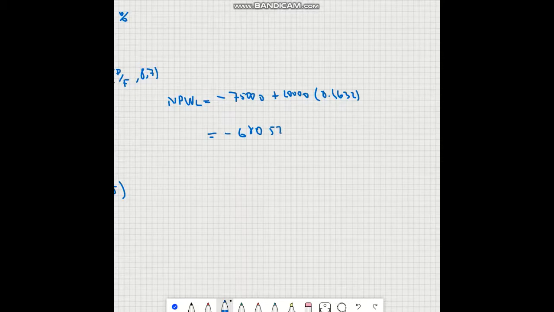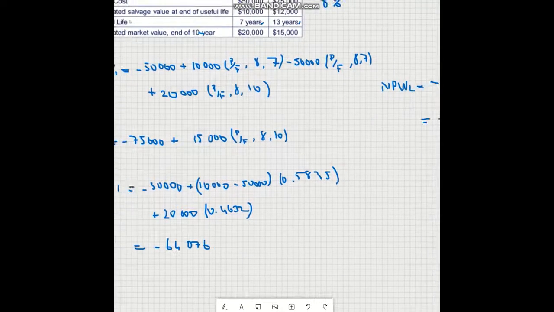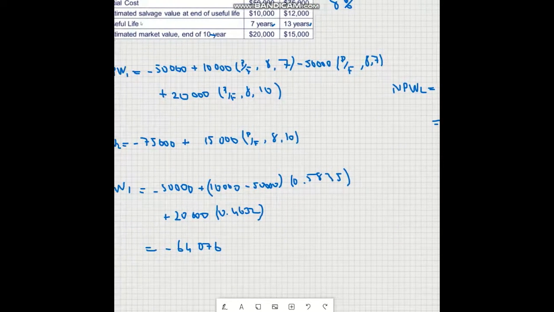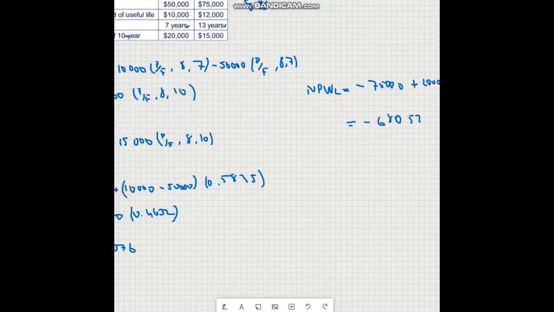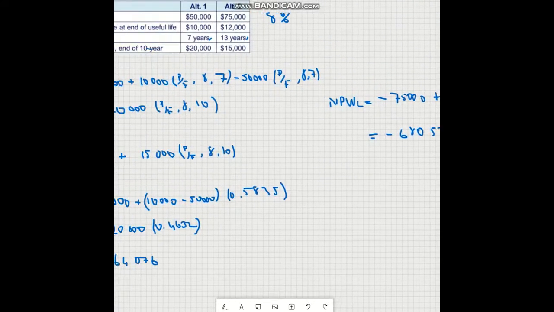Let's see the first and second, which one we are gonna prefer, alternative 1 or alternative 2. Alternative 1, we pay a total of 64,000 some stuff, and alternative 2, we need to pay 68,000 some stuff.